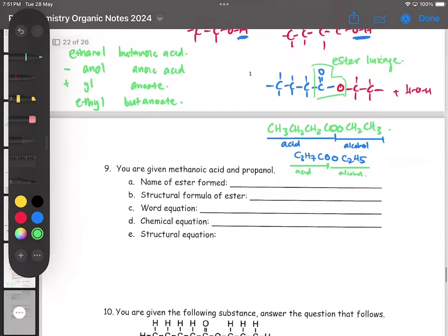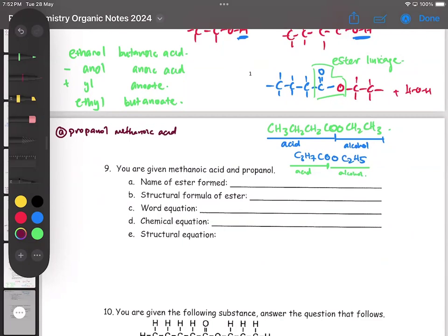All right, if no question, let's do question 9 together. So you can see here the name of the ester. So for name of the ester, we put the alcohol in front first, put the acid behind.